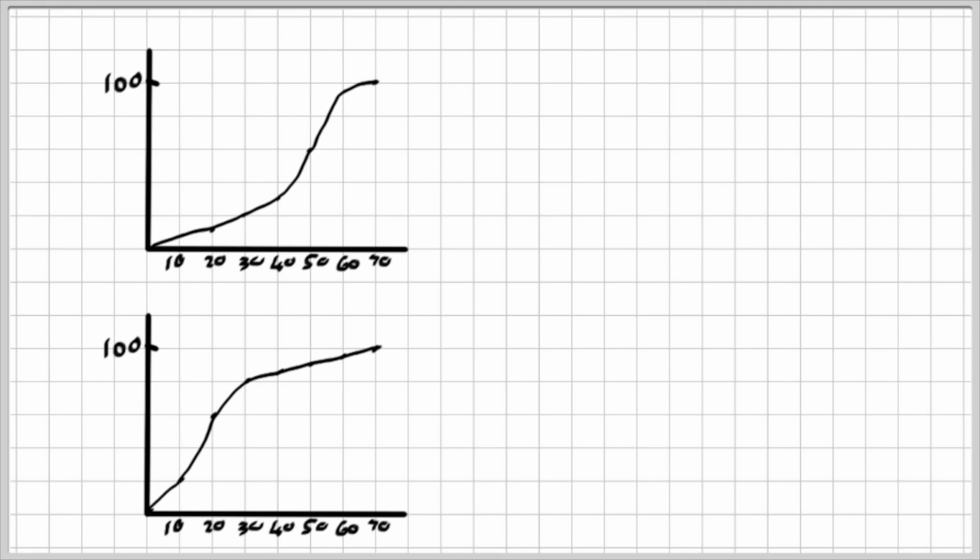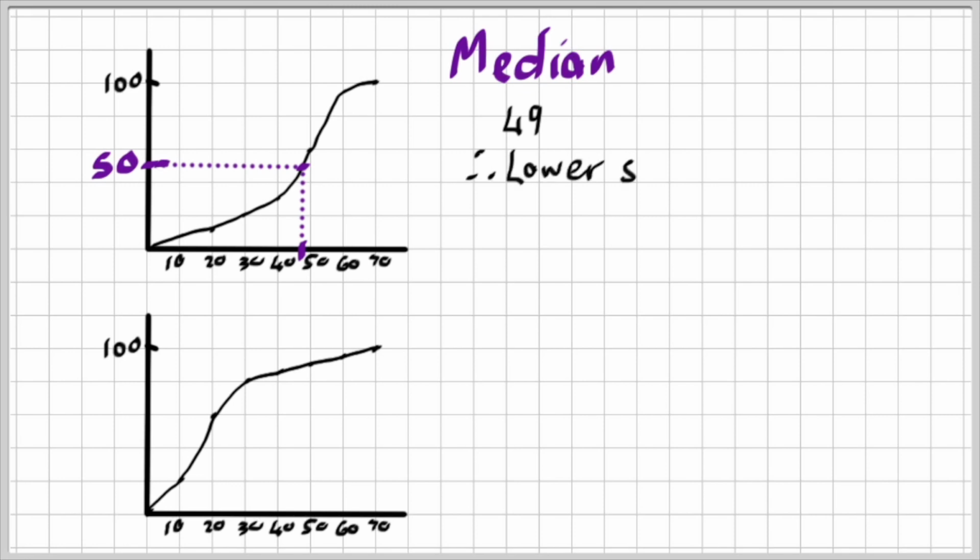Now let's quickly have a look at ogives. Oh, I love ogives. Okay, especially the mix with ogives and box and whiskers. Let's find the first one. My median is at 49. So I took a half of the 100, which is there at 50, and my median is 49. So if I look on the lower quartile, so the lower 50%, the lower 50% ranges from 0 to 49.